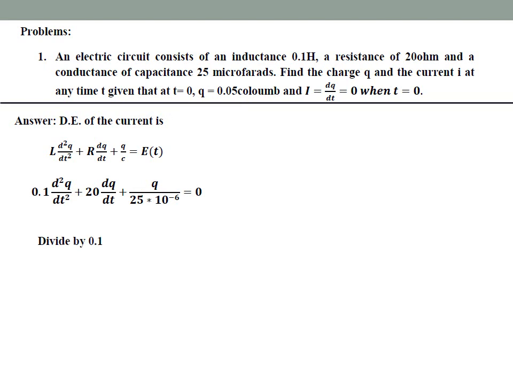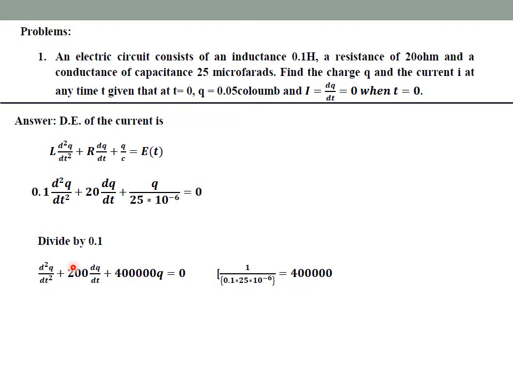When I divide by 0.1, I get d²q/dt² plus 20 divided by 0.1, which is 200, dq/dt, plus 4 into 10 to the power 5 q. How do I get it? 1 divided by 0.1 into 25 into 10 power minus 6 will give me 4 into 10 power 5. If you want, you can use a calculator and check this value.